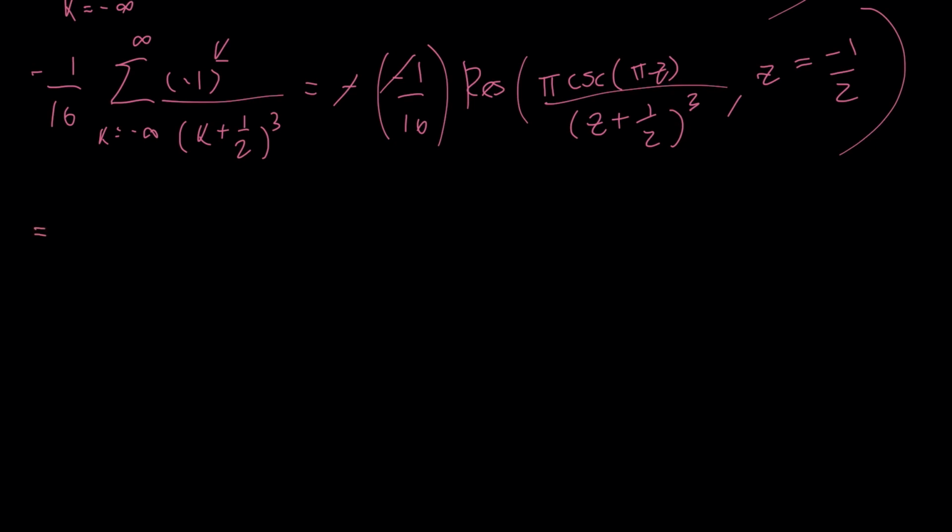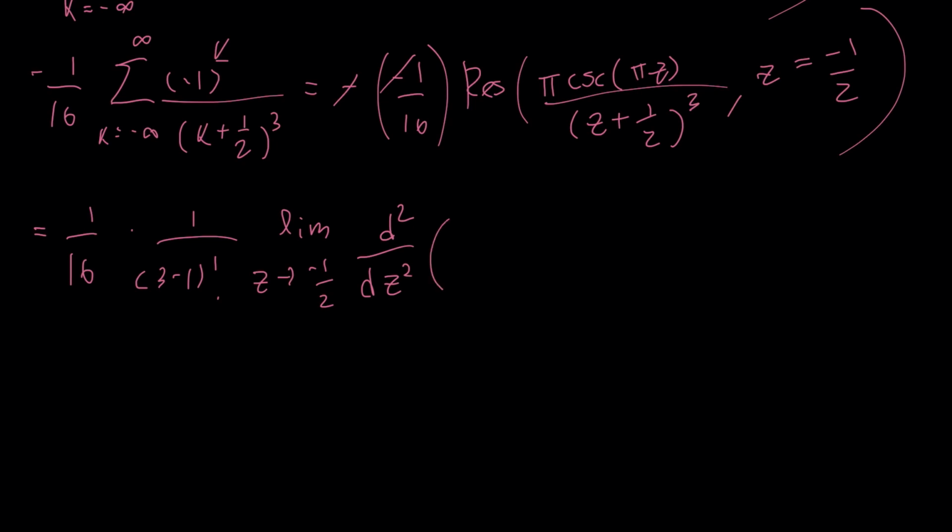So we're going to have a 1 over 16, and we're going to have a 1 over (3 minus 1) factorial, and then the limit as z approaches negative a half of the second derivative with respect to z of pi cosecant of pi z. And we could factor out this pi, and (3 minus 1) factorial is 2 factorial, which is 2. 16 times 2 is 32.